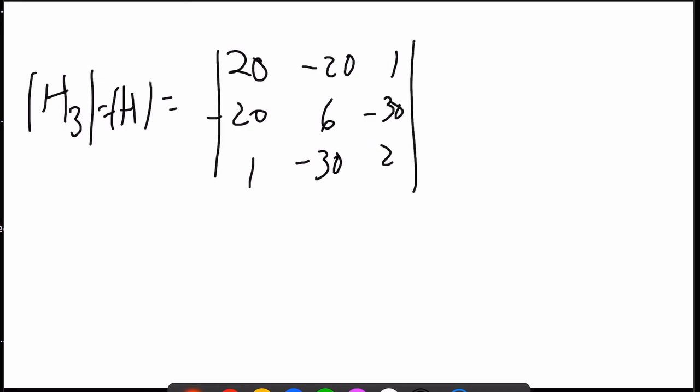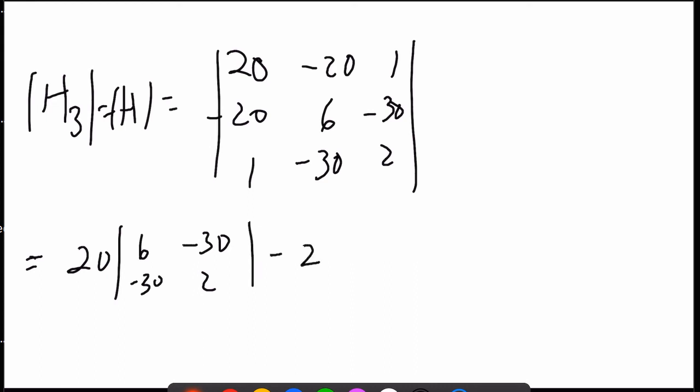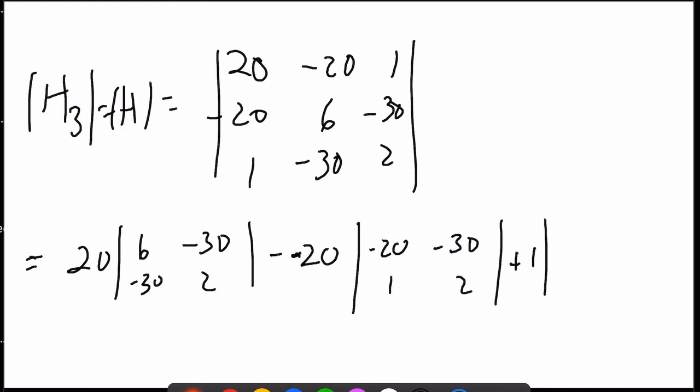Right? So the determinant of that is 20 times that minus negative 20 minus a minus 20 times minus 20 minus 30, 1 and 2, plus 1 times minus 26, 1 minus 30, right?